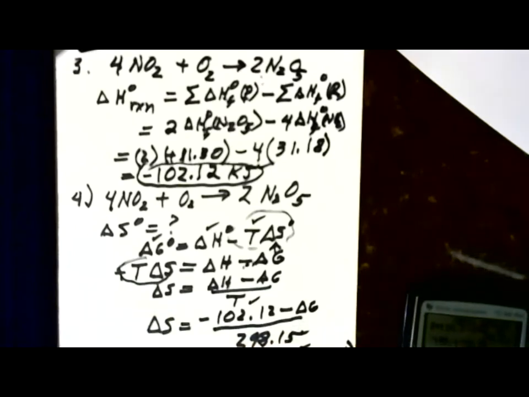Okay, and then I need to multiply that by 1,000. And I get minus 426.2. And of course, joules per Kelvin is the correct answer. All right. That feels a little better.